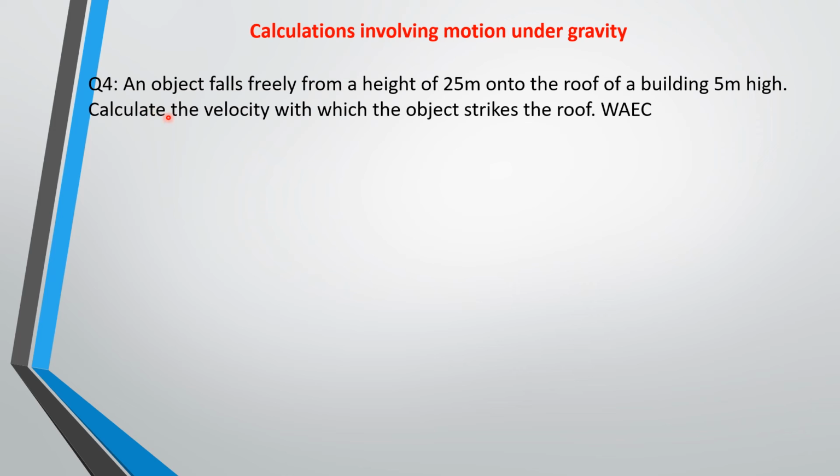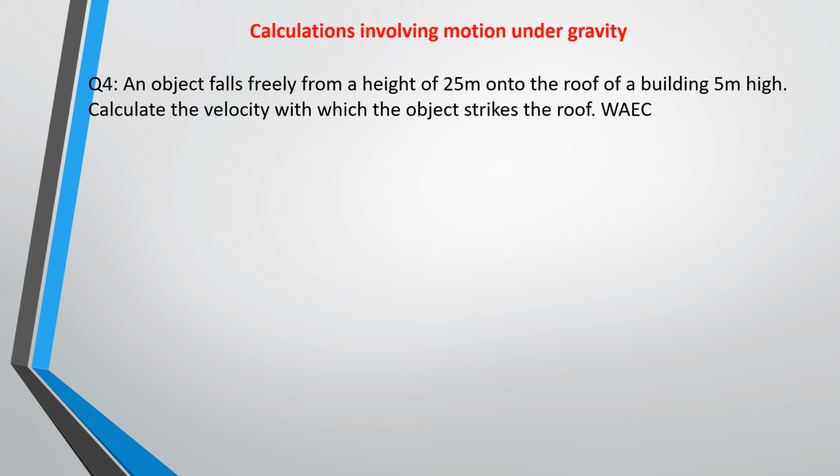Fine, this is another question. An object falls freely from a height of 25 meters onto the roof of a building 5 meters high. Calculate the velocity with which the object strikes the roof. This one also uses those equations that we just derived.